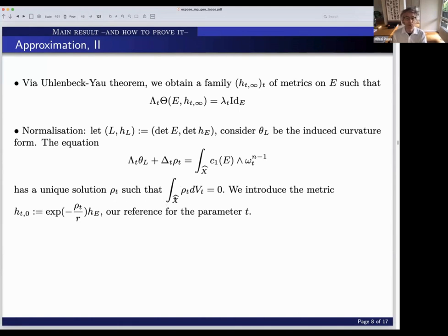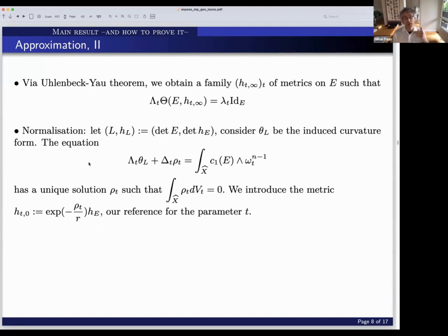So we have a unique solution, let's say rho, which I normalize like this, with respect to the omega t metric. And then we consider the metric HT0, which is exactly this one, the background metric twisted with the exponential of minus rho t over r. Why are we doing this?